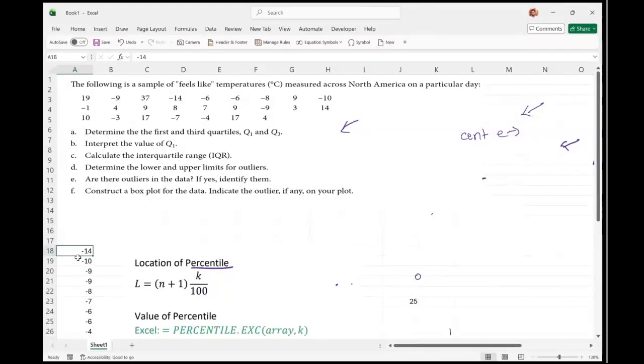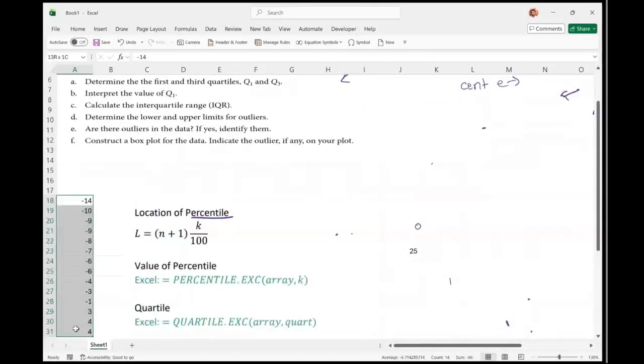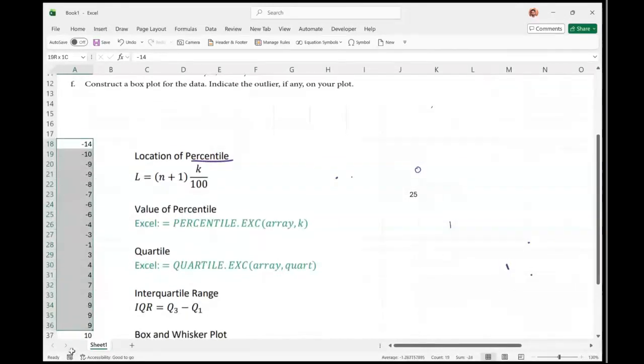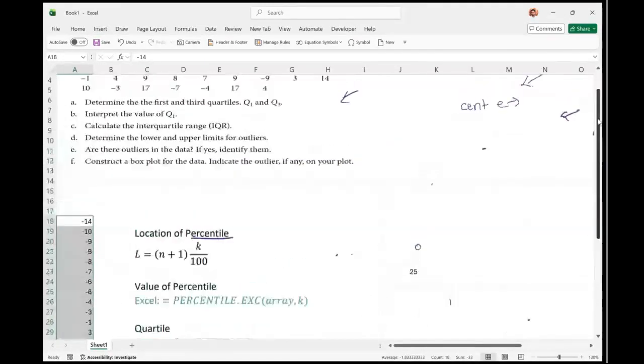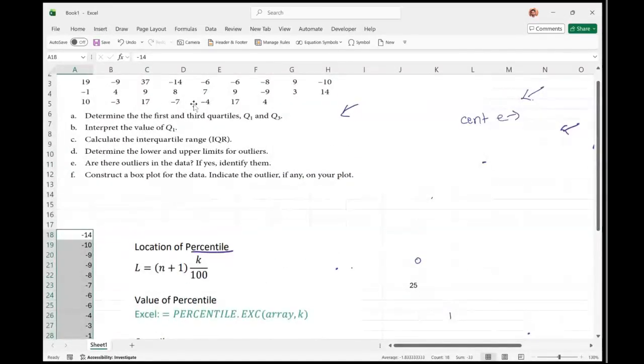I already put it in serial order, but if you are noting down numbers that are not sorted, you must sort out this data first, and then start solving the question. All right, so this is the data given to me.